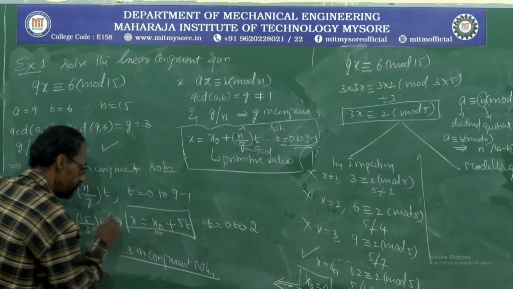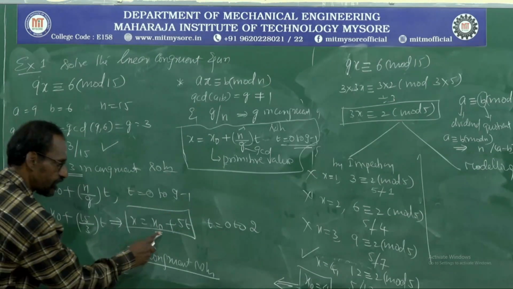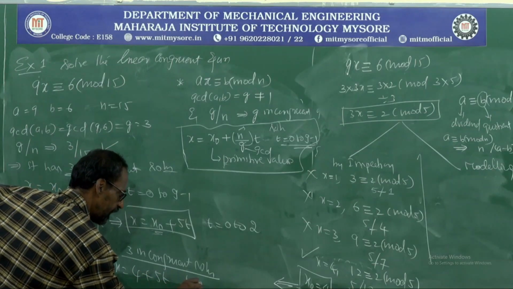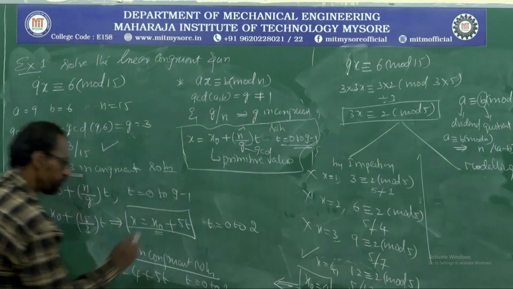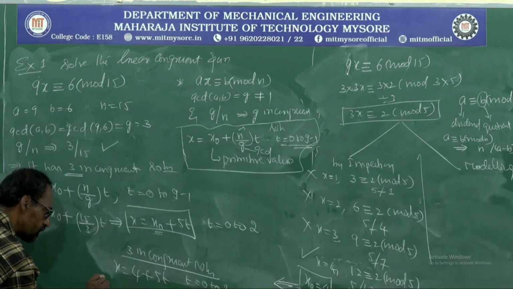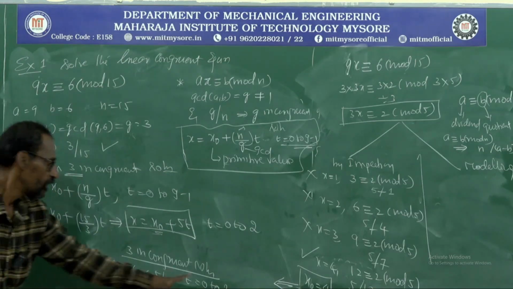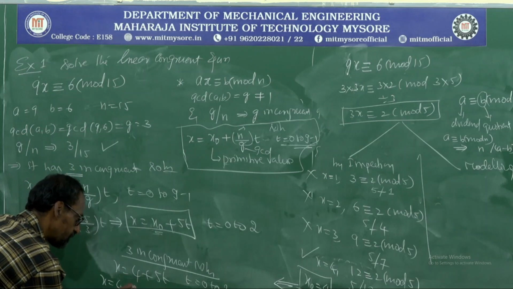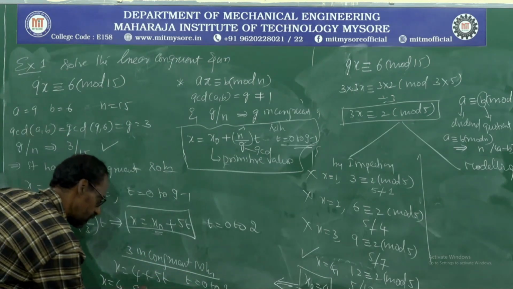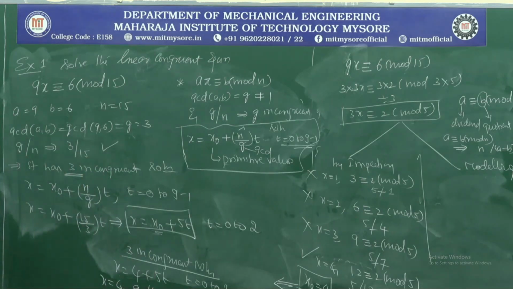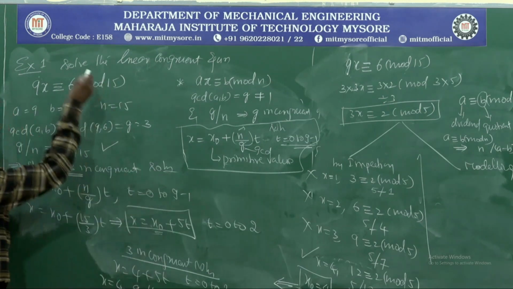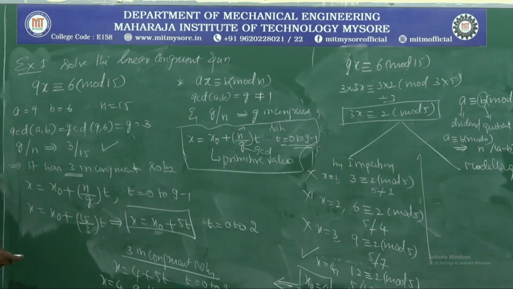This is the formula. x is equal to x naught, which is 4, plus 5 into t, where t has to take values from 0 to 2. Take t equal to 0, one solution is x is equal to 4. Take t equal to 1, another solution is x is equal to 9. Take t equal to 2, another solution is x is equal to 14. These are the 3 solutions for the given linear congruence equation.